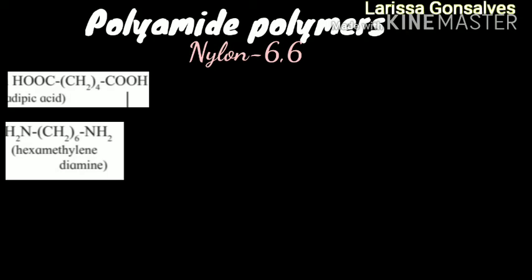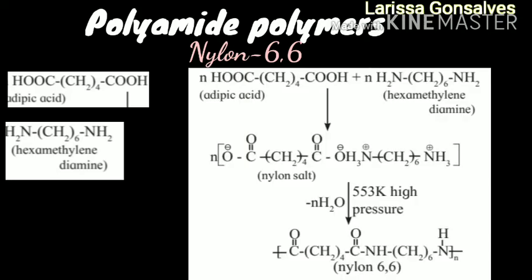When you mix these two monomers, nylon 6,6 is produced. We are going to carry out condensation polymerization using high temperature and pressure. We take n number of adipic acid and combine it with n number of hexamethylene diamine.